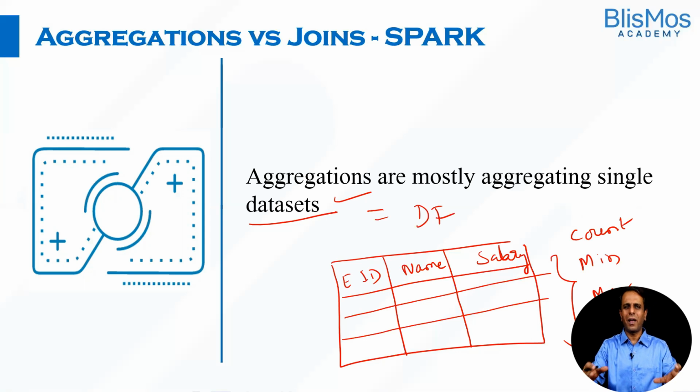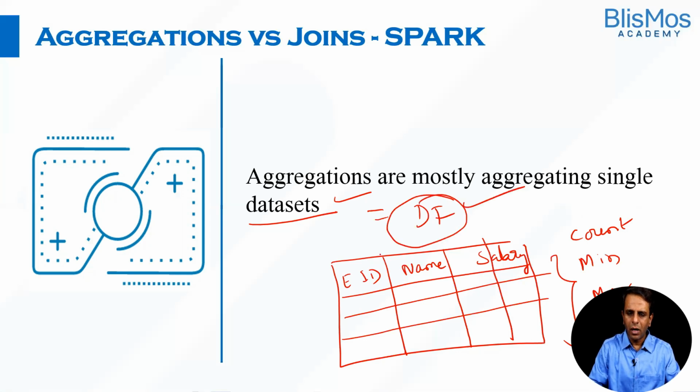We have done so many aggregations, and all of those aggregations are done on a single data frame, either on a single column, or, if you remember, covariance and correlation, all of them done on multiple columns. We have done aggregations on one data frame.